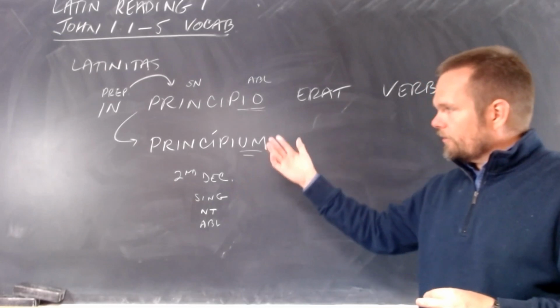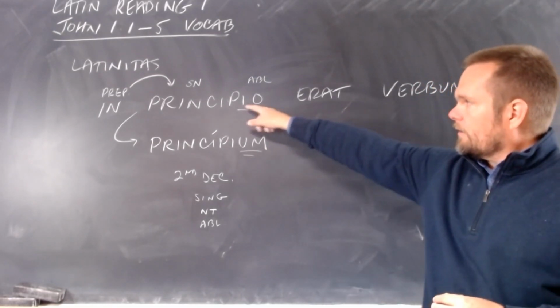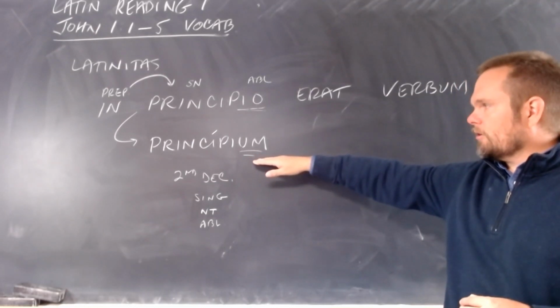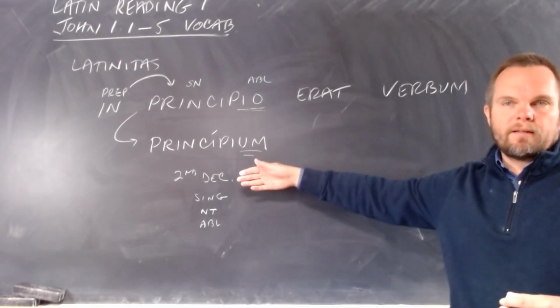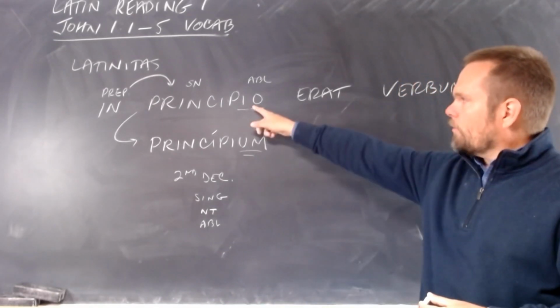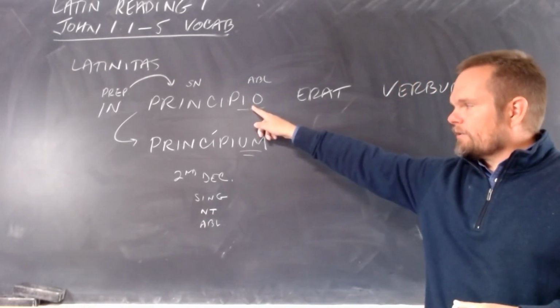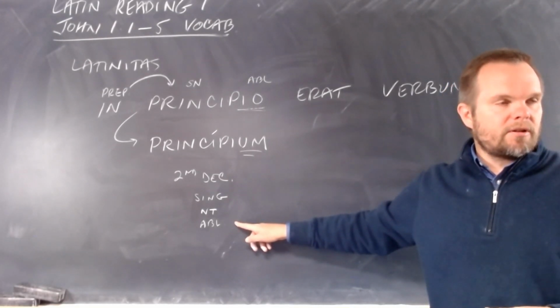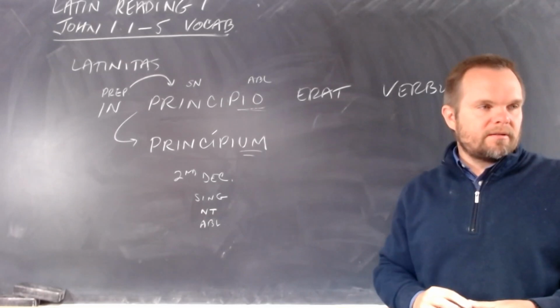There's a reason for the translation. This noun has a meaning which you can look up in a dictionary. It means beginning. Principium means beginning. But when the form of the noun changes, the characteristics of the noun change, and that changes its translation.